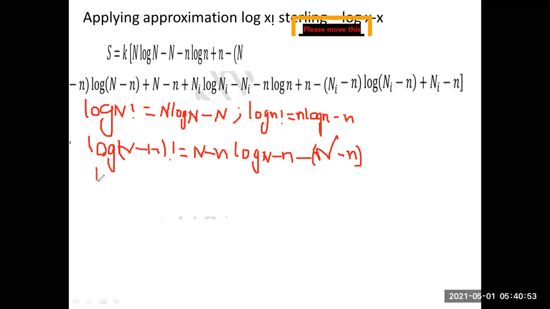In the same manner, the expansion of this you already know: log of n suffix I factorial. What will we write?